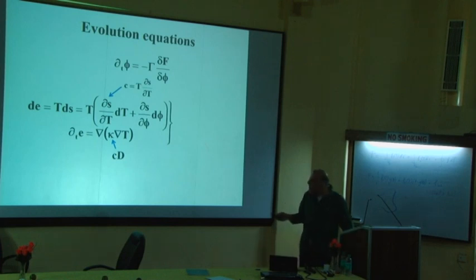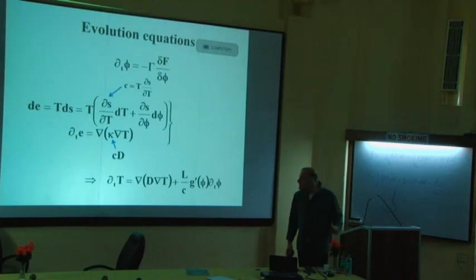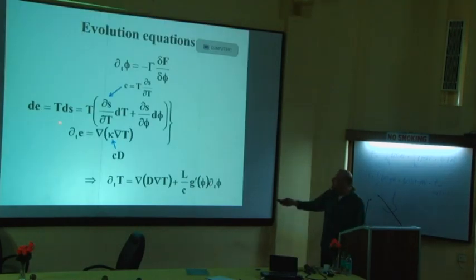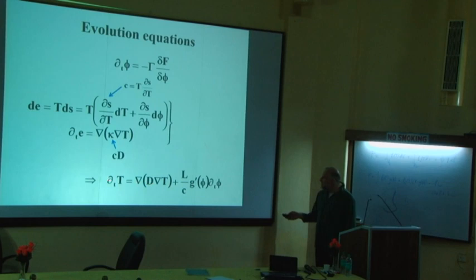Then there is an additional thing here. This heat conductivity can be written as the product of the specific heat and the diffusion constant for heat. And then what I get in total, what do I have to do? I have to divide all this by dt, and to combine it with this. In the end, what I get out is an equation for the temperature, which has the diffusion part here, and which has here a source term.